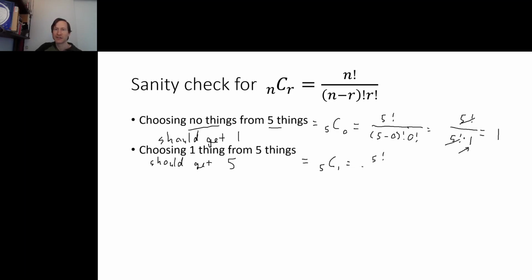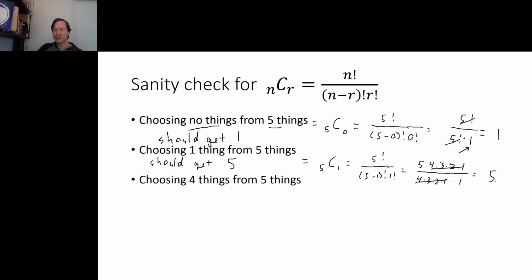So that's 5 factorial over 5 minus 1 factorial times 1 factorial. So this is 5 times 4 times 3 times 2 times 1 over, 5 minus 1 is 4, so 4 factorial, that's 4 times 3 times 2 times 1, times 1 factorial, which is 1, and then simplify, and you're left with 5. Good, that's what we were supposed to get.